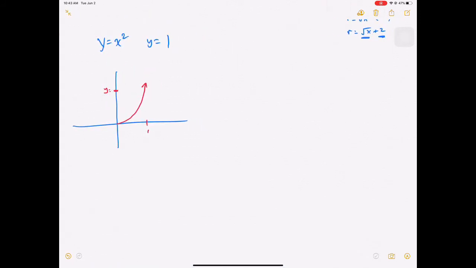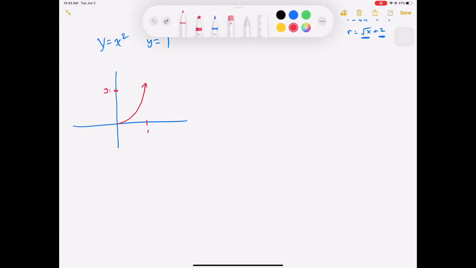Our y value is 1 here. And what if I want to rotate around this axis here, up here? So this would be rotating this way, going upwards, in this fashion here.